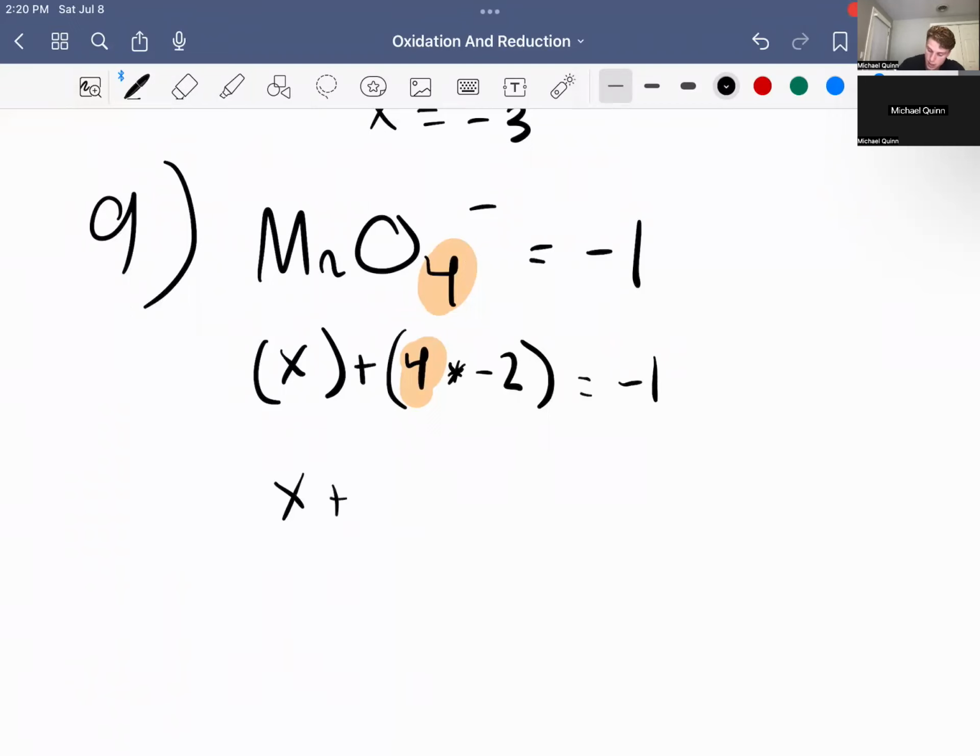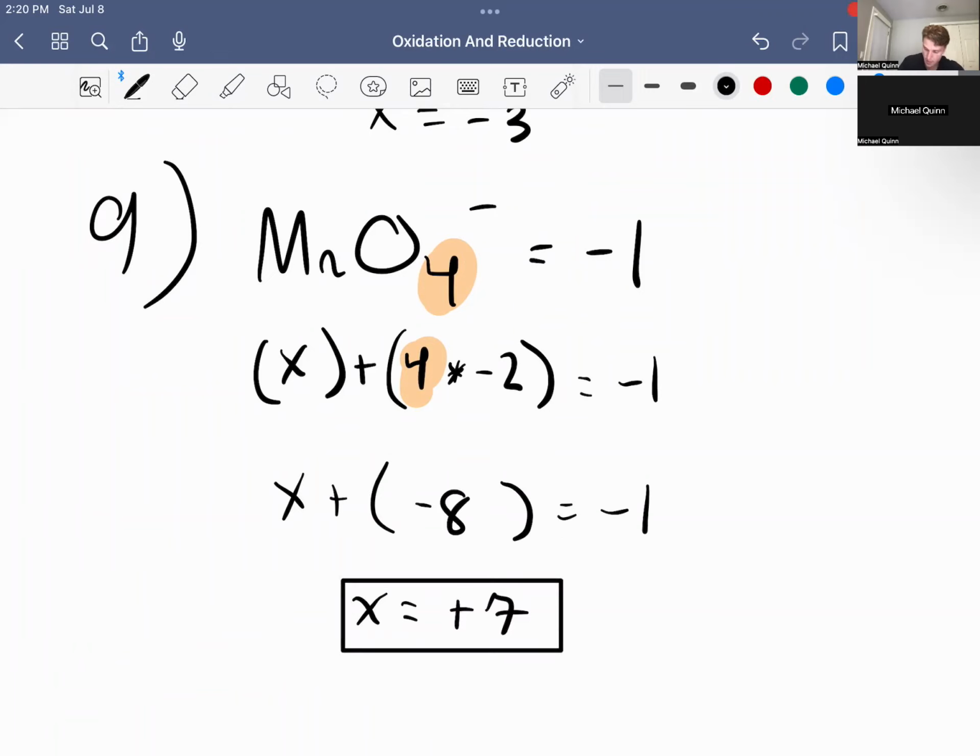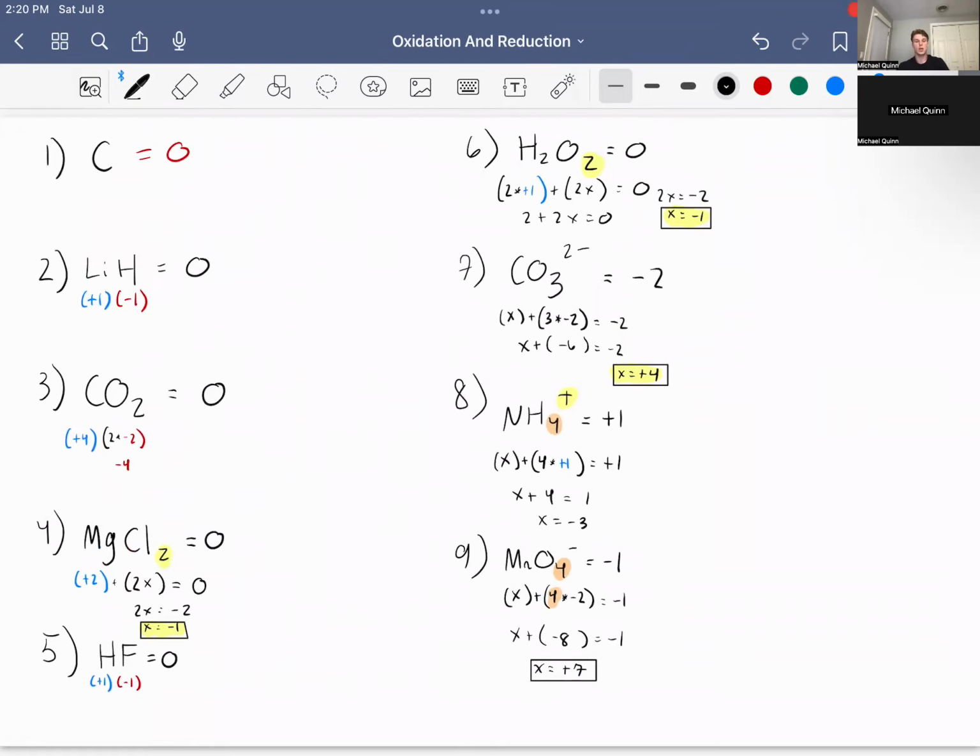So X plus minus 8 equals minus 1. So X is going to equal plus 7. So the oxidation state of Mn is plus 7. So working through these examples, we can see how following the rules in order and setting each one equal to its overall charge will get us the right answer every time.